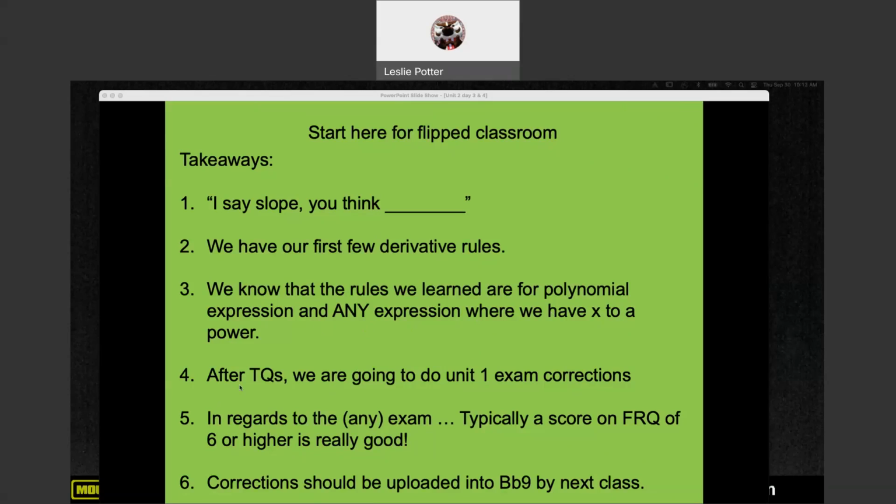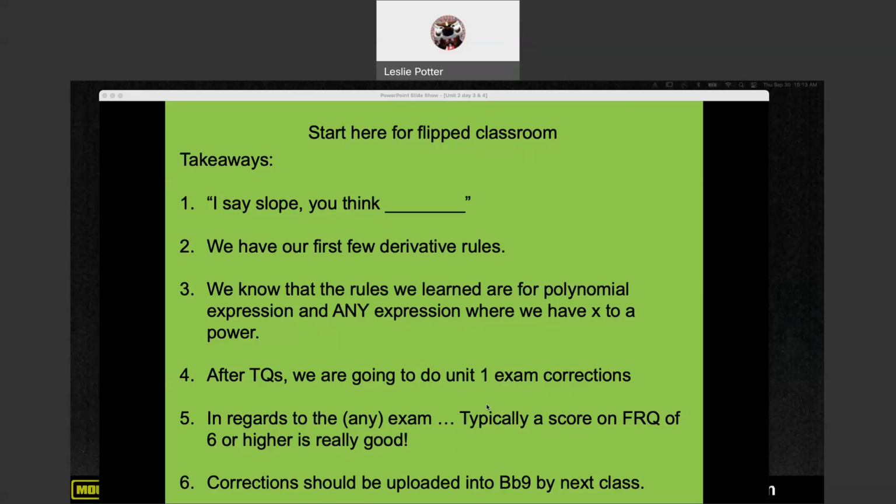After today's topic questions, TQs, you don't have to start in, but really the next thing I'm going to assign is exam 1 corrections. You don't have to get in Blackboard and look at it now, but when you go into Blackboard and go into Unit 1, where you took the test, way at the bottom is going to be an assignment where you submit your corrections. Just really similar to what you did on the free response, you're going to do your corrections.